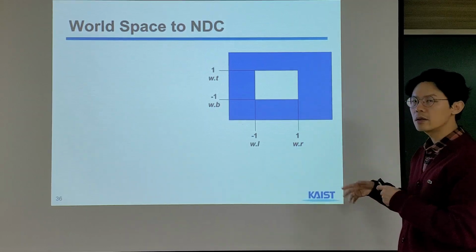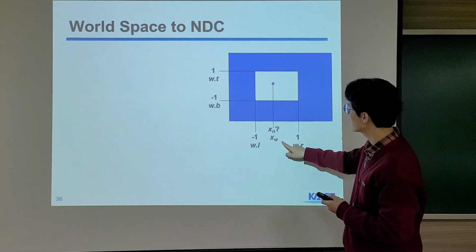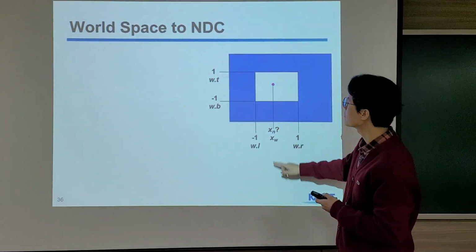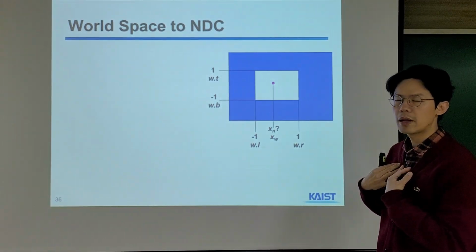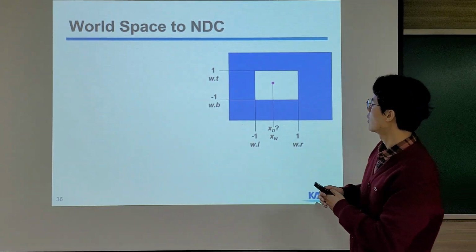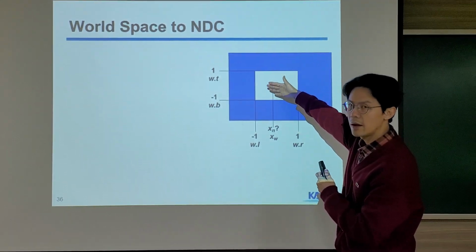Then the question is, given the world coordinate, what is this coordinate? Based on this, we want to maintain the ratio of the world space also in the NDC space.